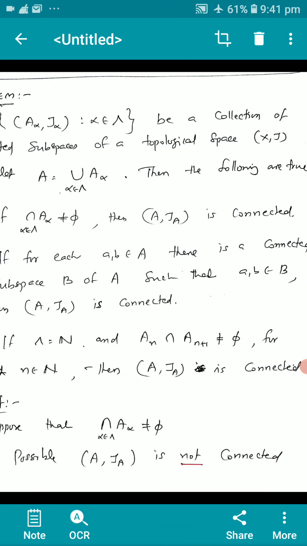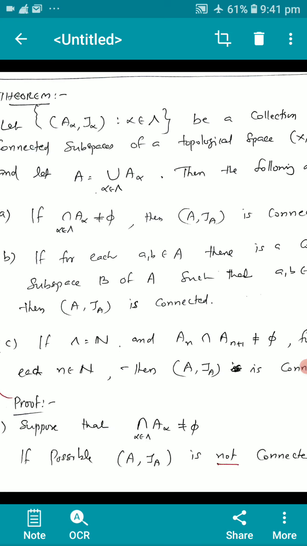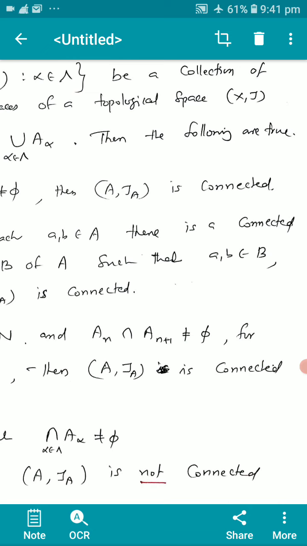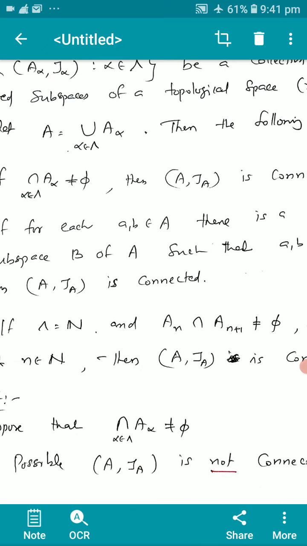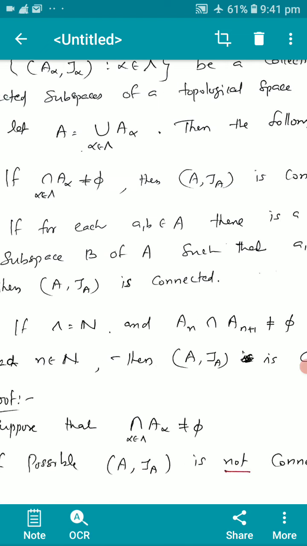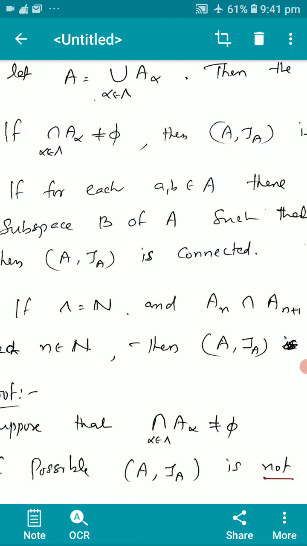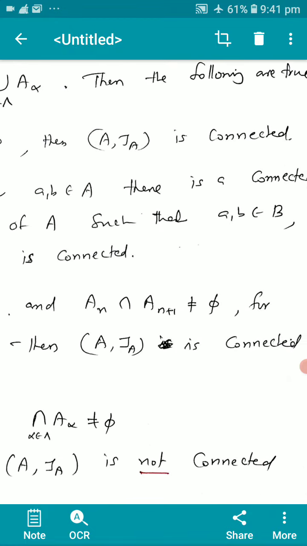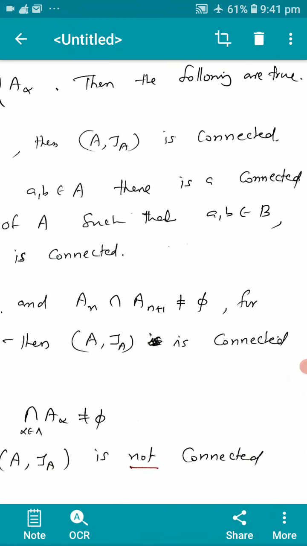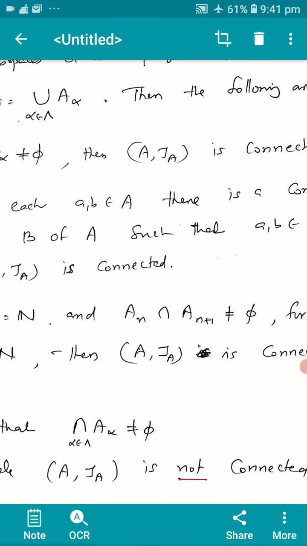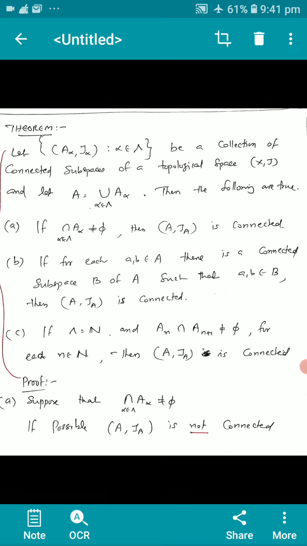Part B: if for each a, b elements of A, there is a connected subspace B of A such that a and b are elements of B, then A is connected. Part C: if the index set is taken as N and E_n intersection E_(n+1) is not equal to phi for each n element of N, then the space A is connected.